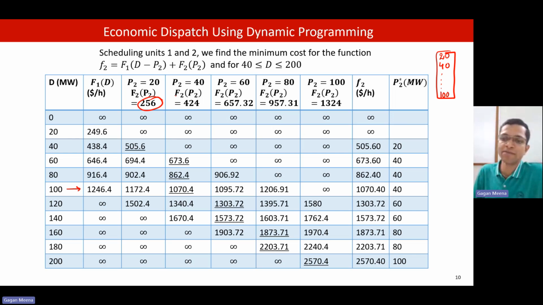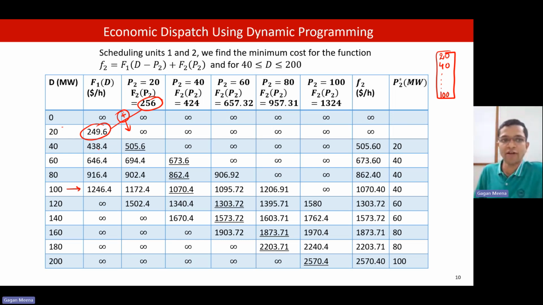If P2 is 20, then P1 has to be 20, and for P1 equals 20, cost is this. Now if we add these two, we will get 505.6.